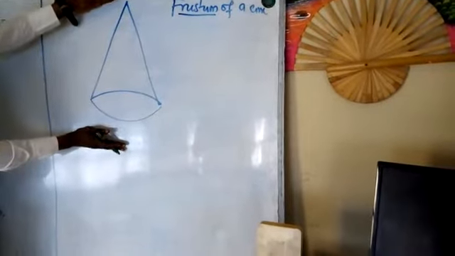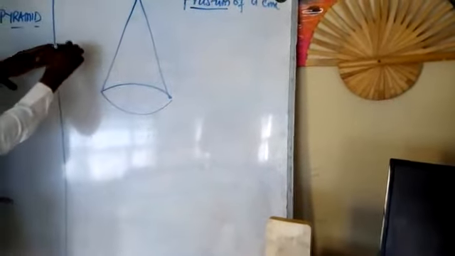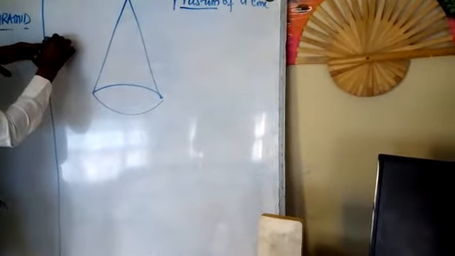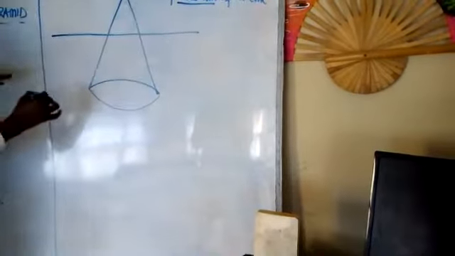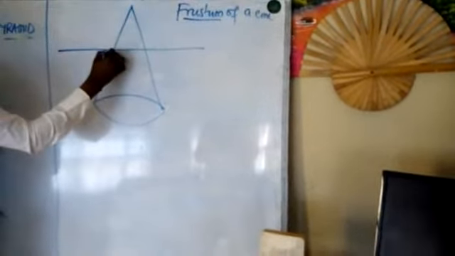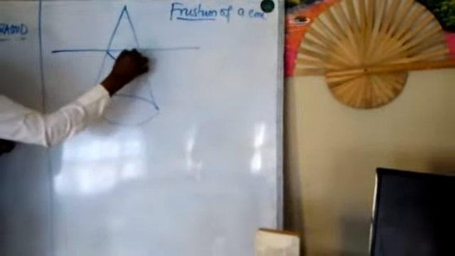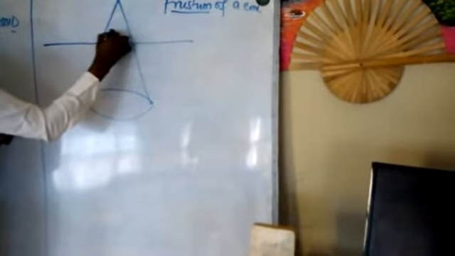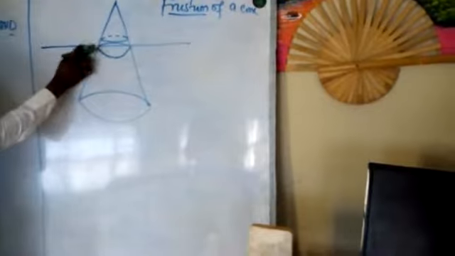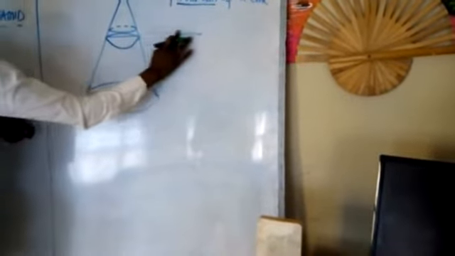This is a cone. By the time you cut through this cone, you have something like this, and you also have something like this. Now let's remove this line. Are you following, class?